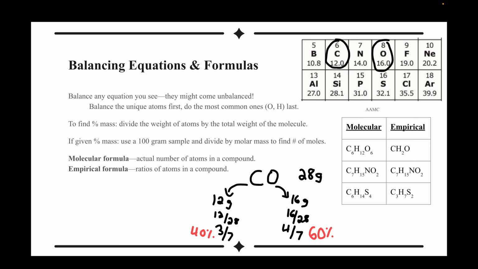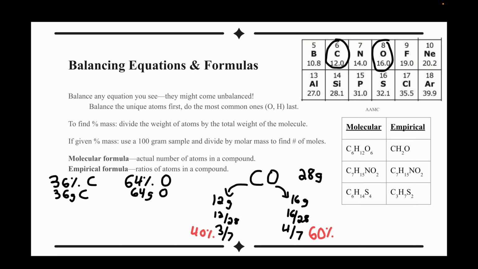Now let's do an example where we're given percent mass. Let's say we have a molecule that we know is 36% carbon and is 64% oxygen. What we should do is use a 100-gram sample to convert these percents into grams. So all we need to do is just convert 36% into 36 grams of carbon and 64% oxygen into 64 grams of oxygen.